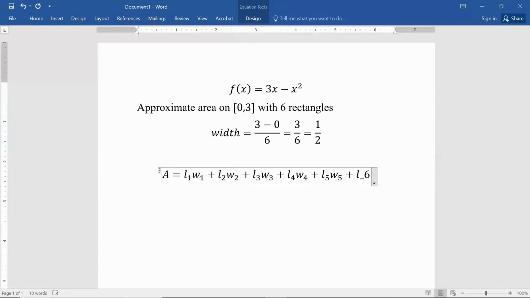When you add up all those lengths times widths, you get the total area approximation for the signed area that we were dealing with.